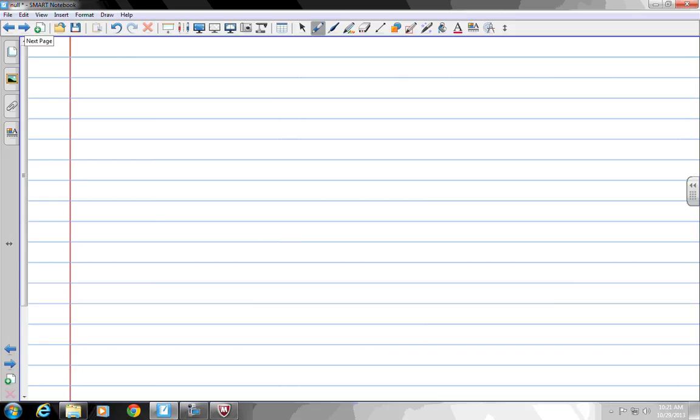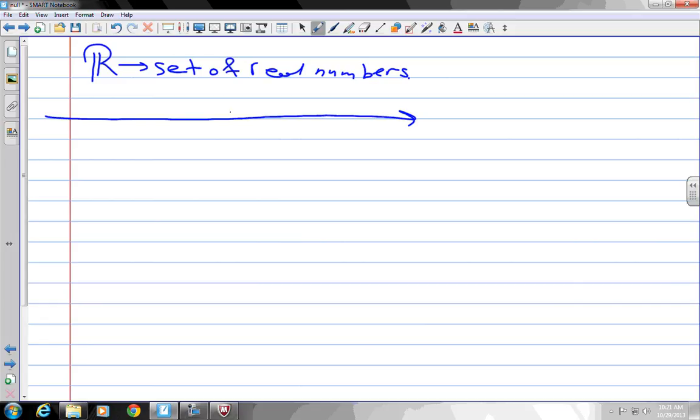And we use this letter to represent the set of real numbers, and real numbers live on a real number line. So they all belong on that thing. So you have your 0, and you have your integers, and you have your fractions in between integers, and then you have the irrational numbers in there too.